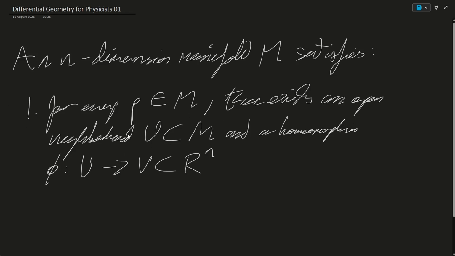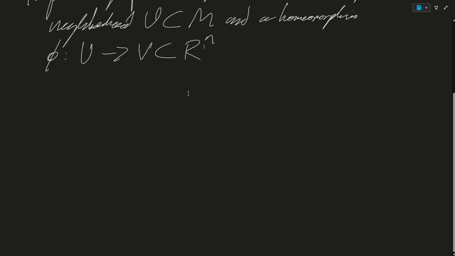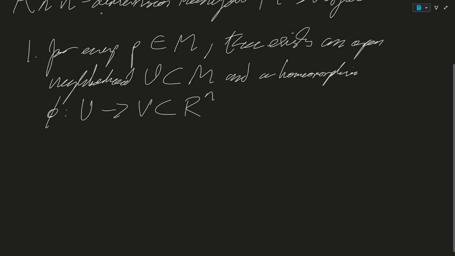And this shows that M is locally Euclidean. So for some small neighborhood around P, it appears to be Euclidean.